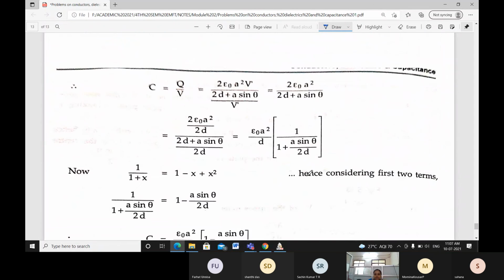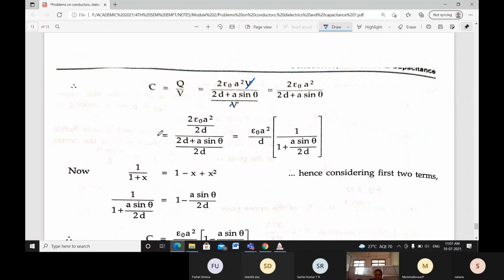Next, what we want is the capacitance. C is going to be Q by V, the whole divided by V dash, which cancels, and you'll get 2 epsilon naught a square divided by 2d plus a sin theta.